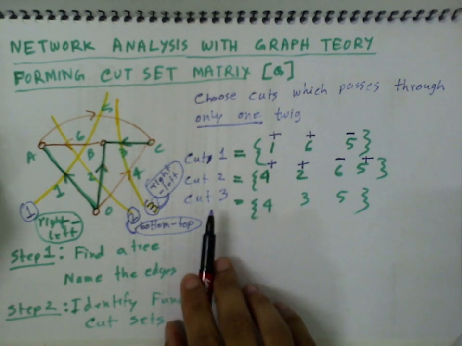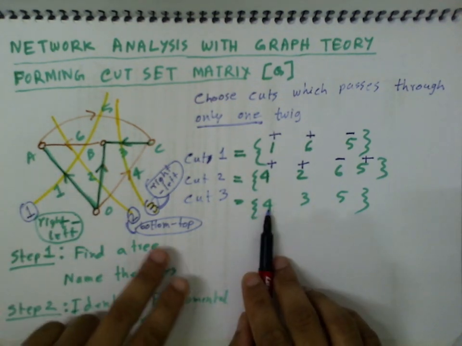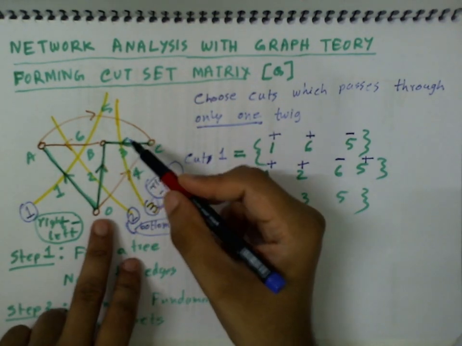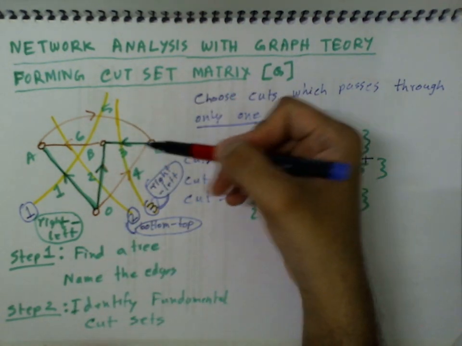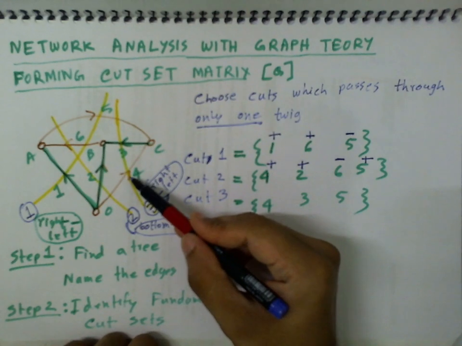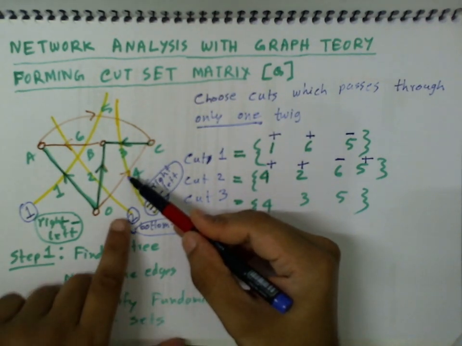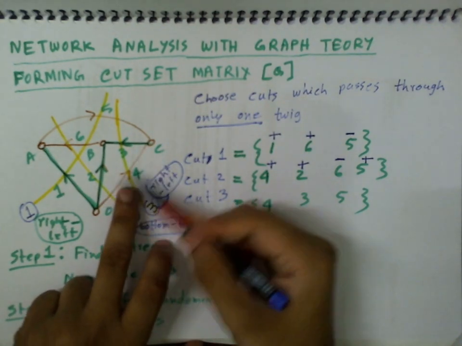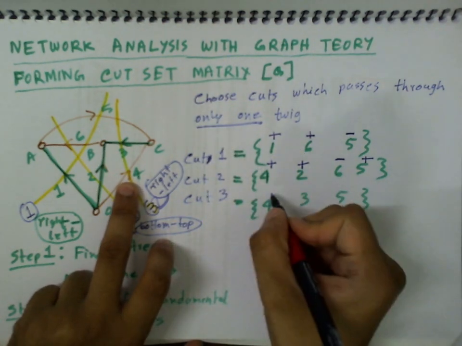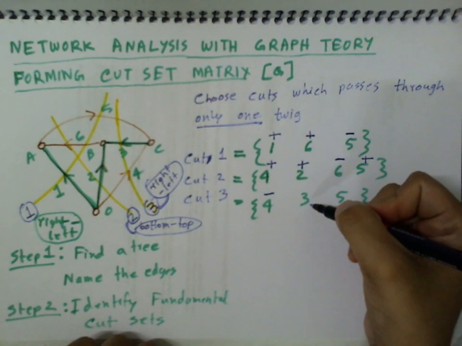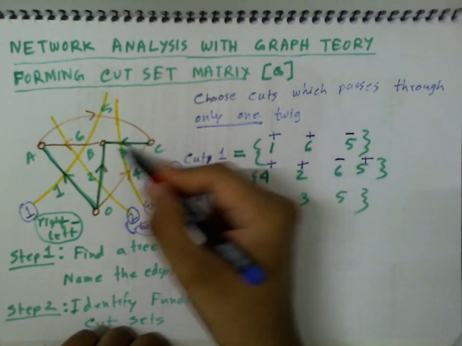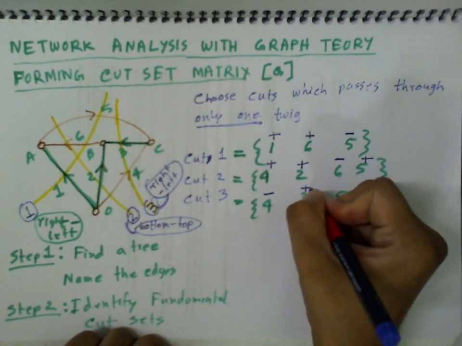Cart 3. Cart 3 is made up of 4, 3 and 5. This is cart 3, which is from right to left. Edge number 4 is in the opposite direction, going from outside to inside, so minus sign. Edge number 3 is in the same direction, so I put a plus sign.